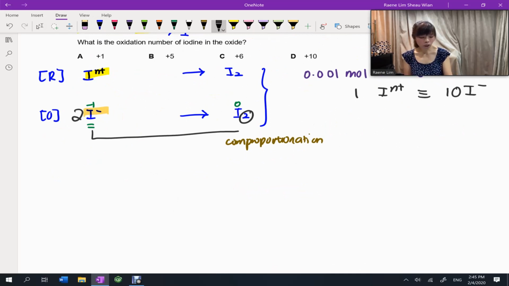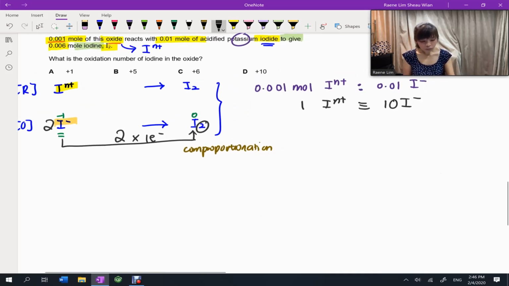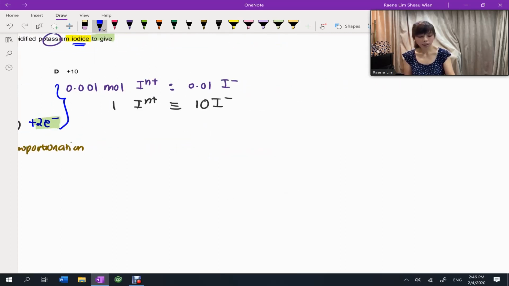The oxidation number change: 1 iodine went through a unit change of 1, from -1 to 0, and since there are 2 iodine, it is a total of 2 electrons. If I put the electrons in the half equation, they will be placed here because this is oxidation. Now all we need is this, because this is my redox species: 2 I minus gives 2 electrons, meaning 10 I minus gives 10 electrons.